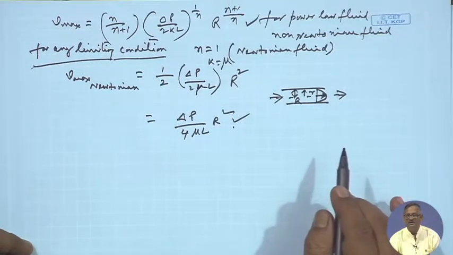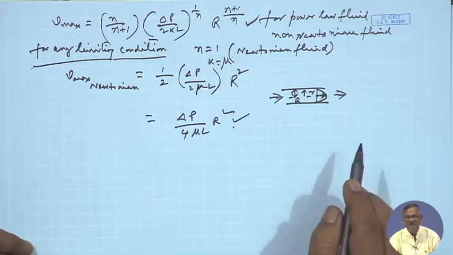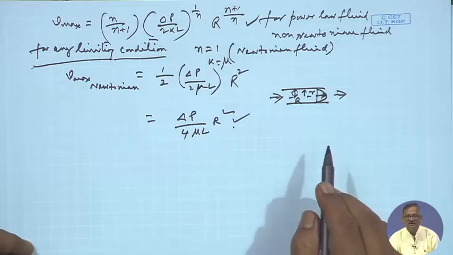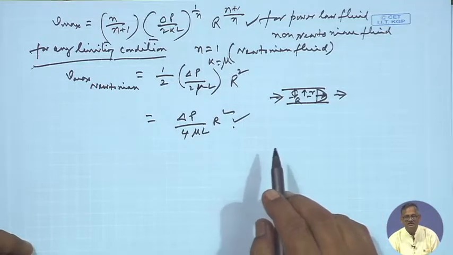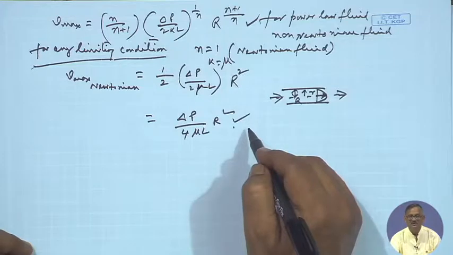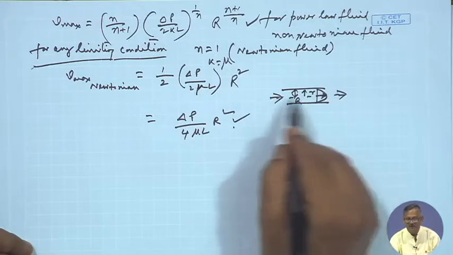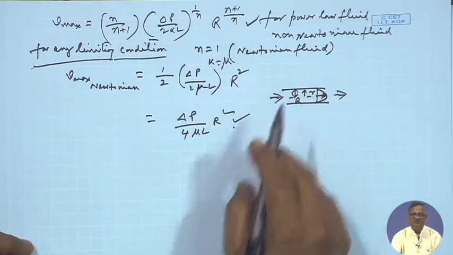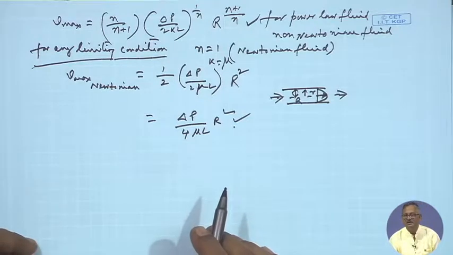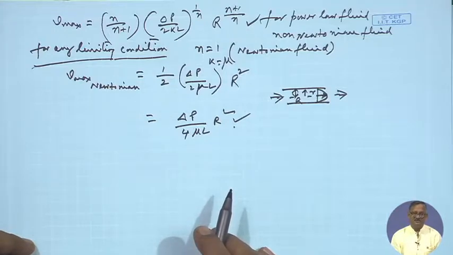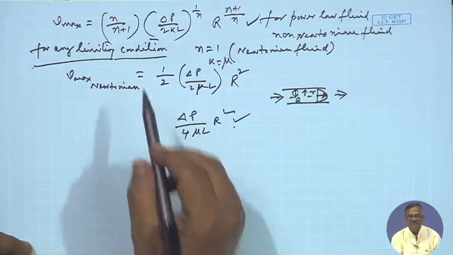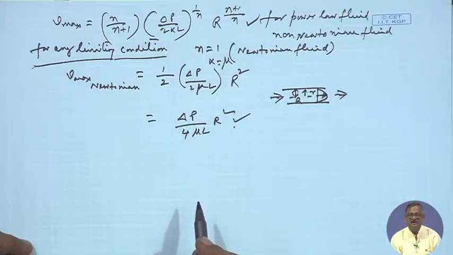And typically it is Newtonian when n becomes 1 and k becomes mu. So, under that situation, this turns out to be the expression developed for Newtonian fluid flowing through the pipe. That means, the development or the proceedings which we have done is correct and it is following the limiting condition. Very good.